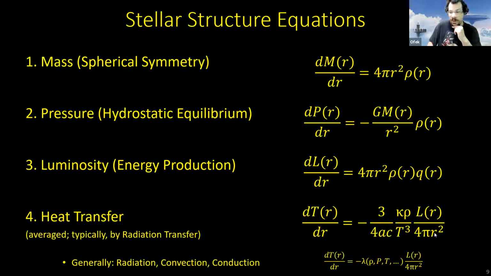Another way to consider it: if you multiply by T to the 3 and a, remember the energy density is a T to the 4th, you get on the left-hand side the derivative with respect to radius of T to the 4th. So basically this is telling us that the gradient of temperature is related to the gradient of radiation energy density, and that gradient is what powers the luminosity exiting a surface.